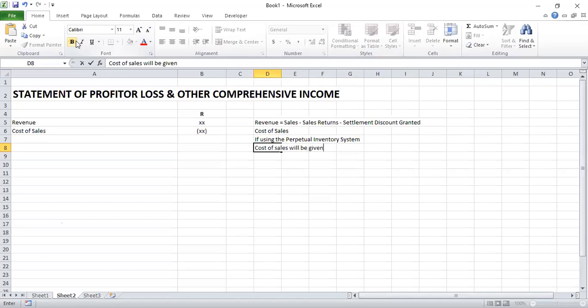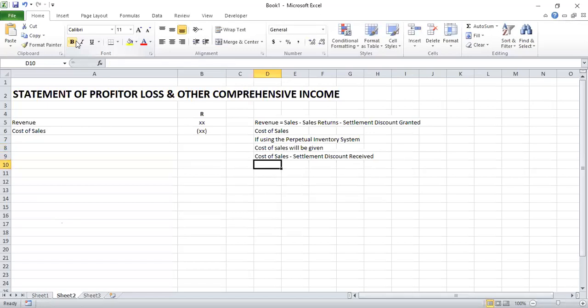So to determine your final cost of sales, you would say cost of sales minus settlement discount receipts. That is if there is a perpetual system.